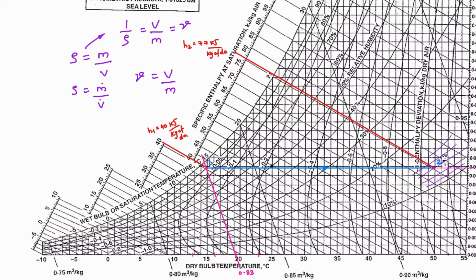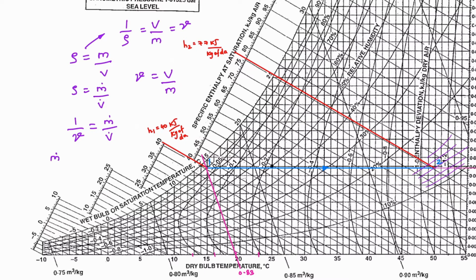Same thing we have to do over here. In this equation we have density on left hand side, so we can replace it by 1 upon specific volume. So 1 upon specific volume is equal to mass flow rate upon volume flow rate. So finally, we have to calculate mass flow rate, right?